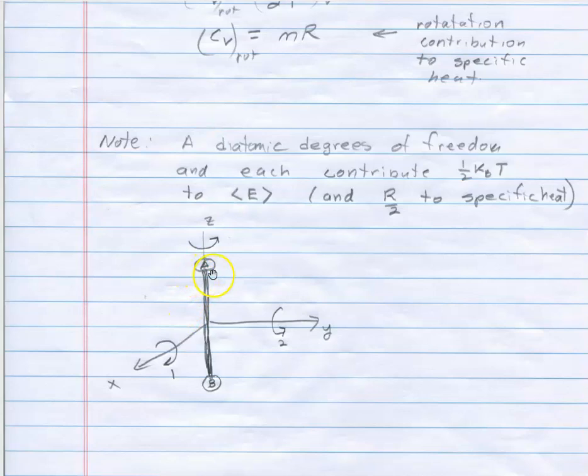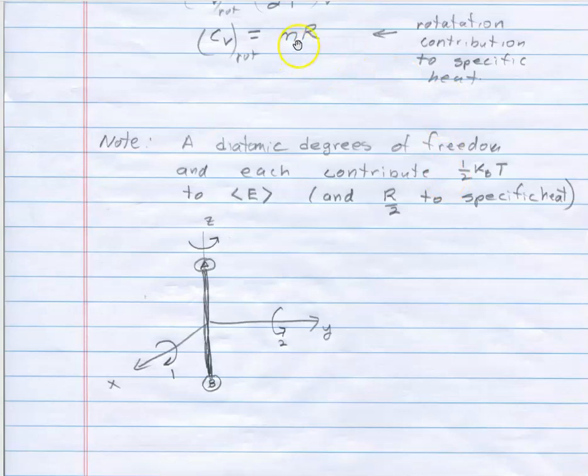And the ones that can rotate are either about this axis or about this axis. So we've got 2 rotational degrees of freedom, and there's 1/2 kB T, if you remember, per degree of freedom, or 1/2 R per degree of freedom to the specific heat.